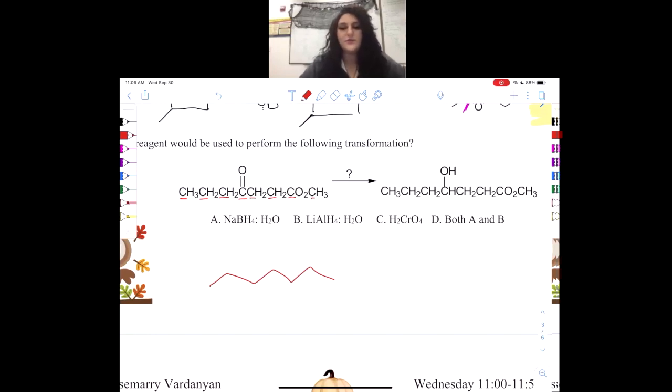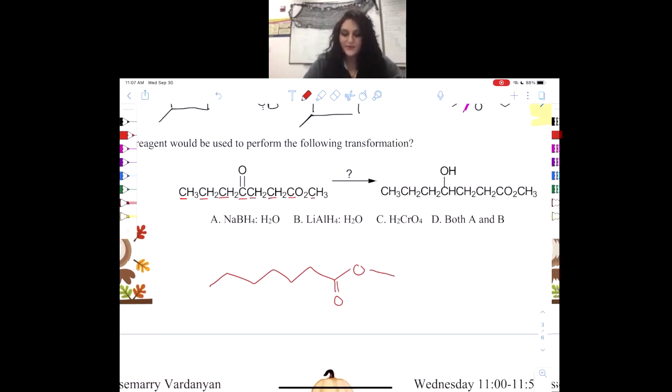So what functional group is that? What do you guys think? Yes, it would be an ester. So this carbon right here will be attached to one oxygen, which is the carbonyl oxygen, and then that is attached to another oxygen, which is attached to a CH3.